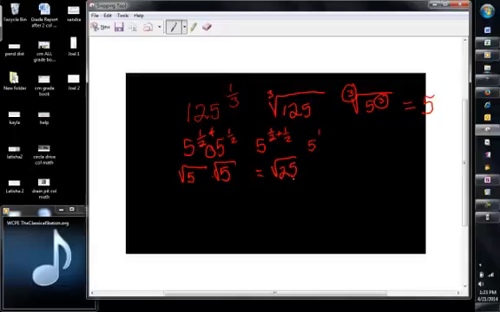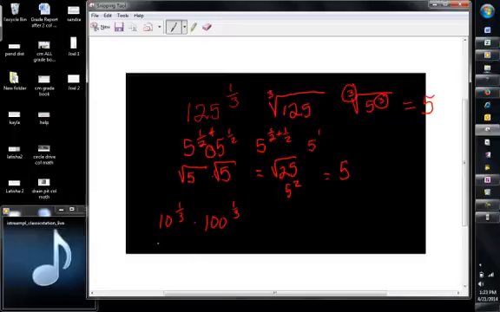Twenty-five, 5 squared, which is 5 on the outside. times 100 to the 1/3.